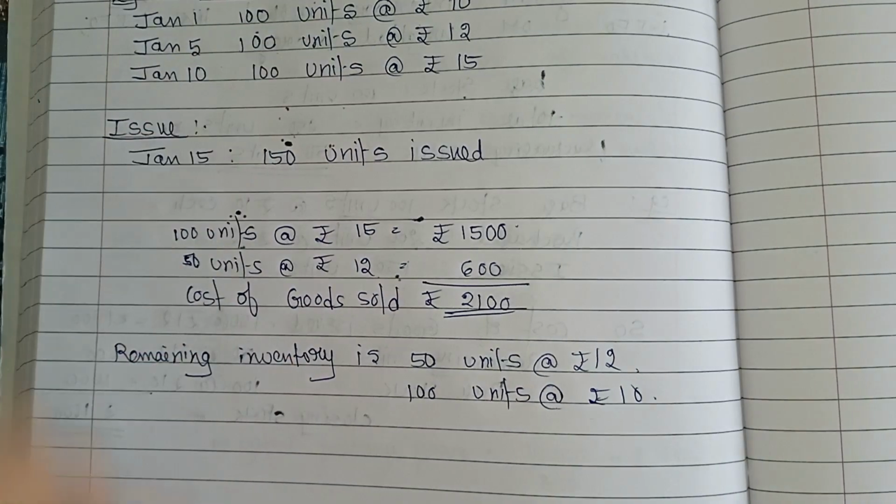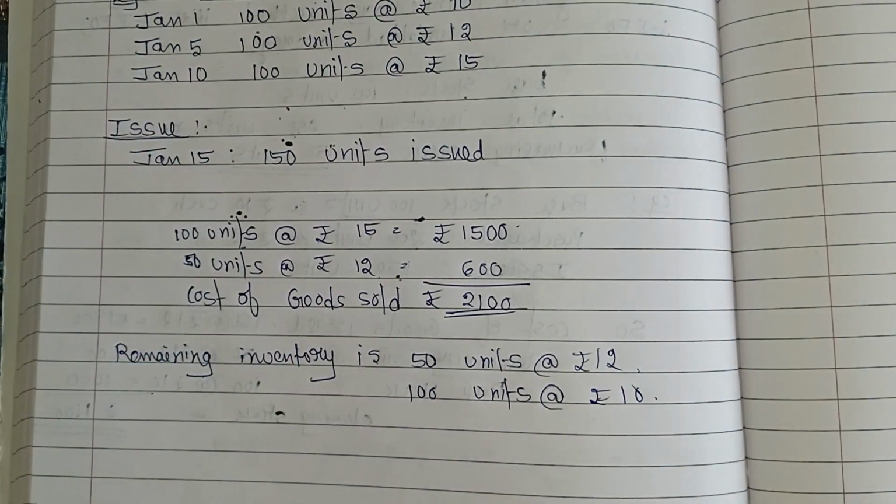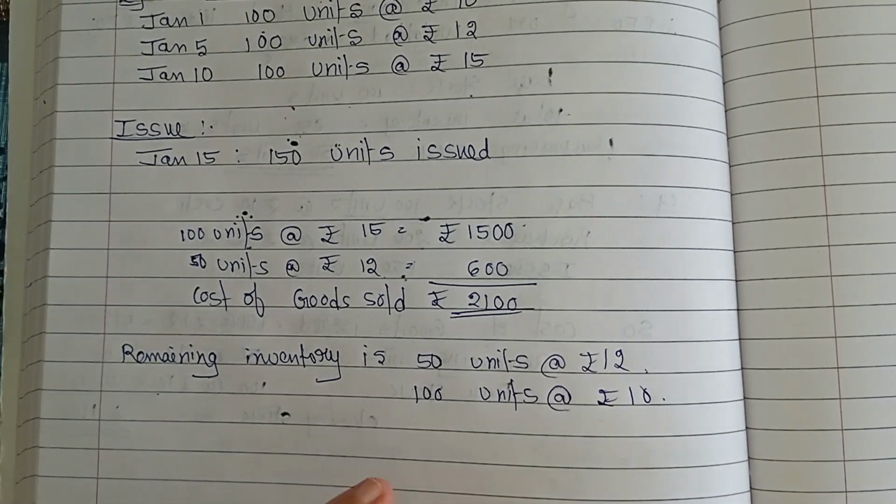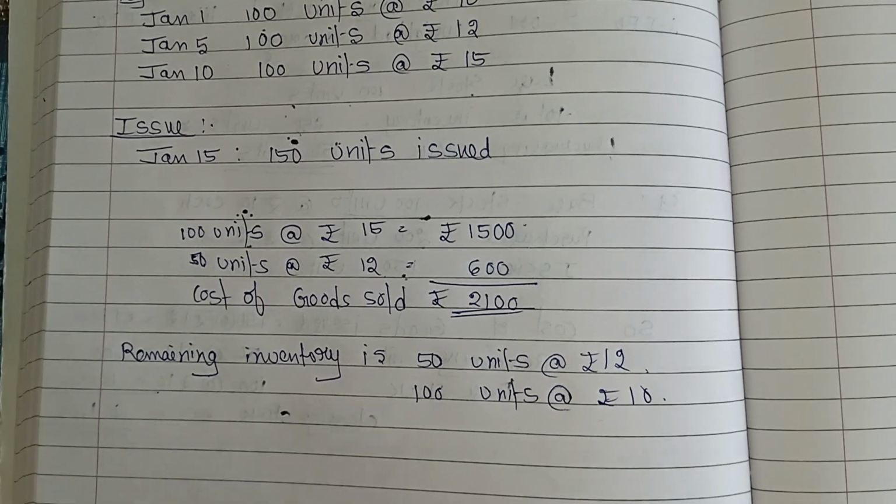This is our remaining inventory. So when we are issuing the materials, we have to take the purchase cost that is the costlier one. According to HIFO, we issue the costliest units first. Clear? So let's see one example.